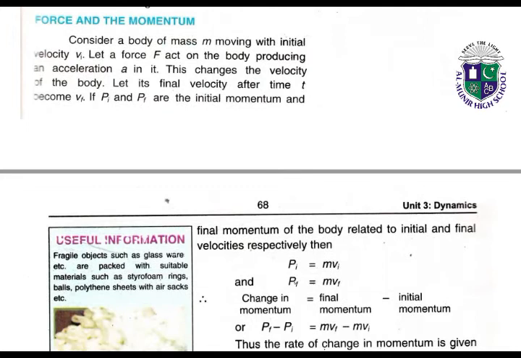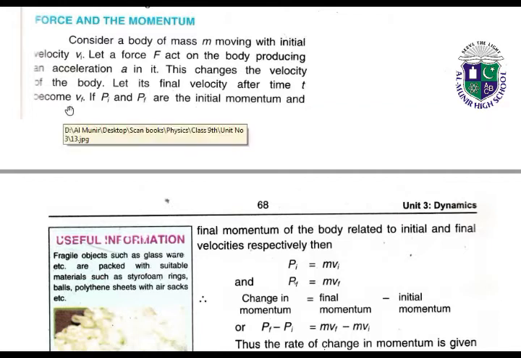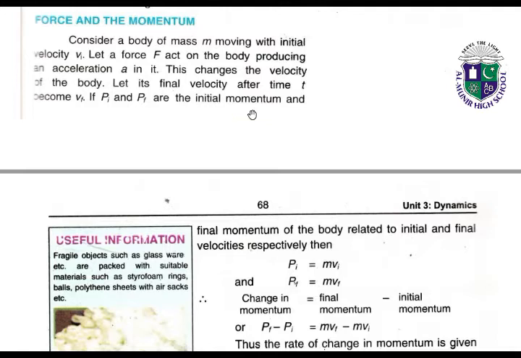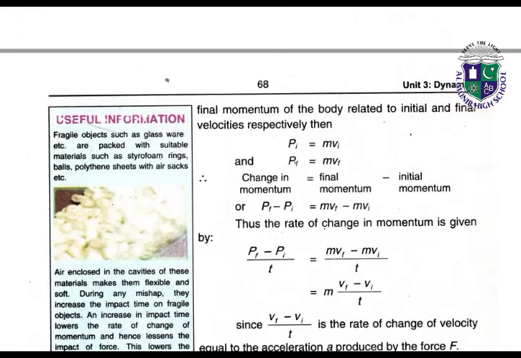Force and the momentum. Consider a body of mass m moving with initial velocity vi. Let a force F act on the body, producing an acceleration a in it. This changes the velocity of the body. Let the final velocity after some time t become vf. If pi and pf are the initial and final momentum, then we can find the values.